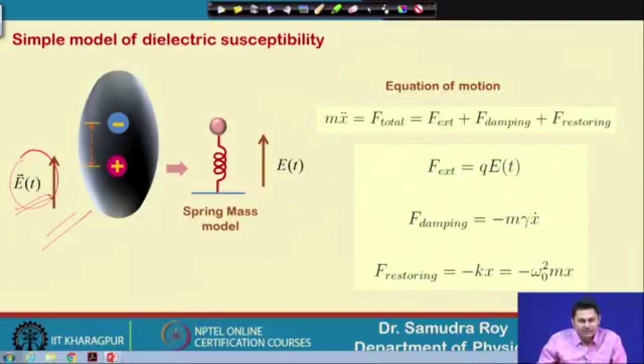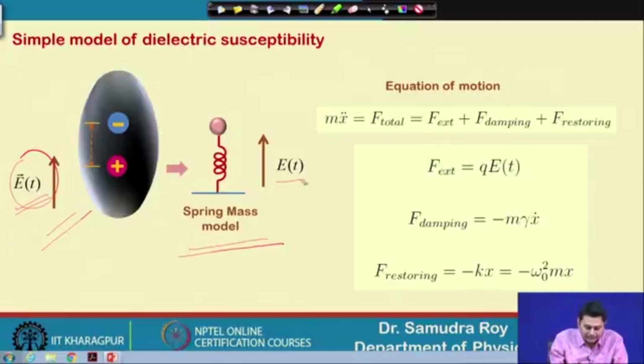If this is a constant electric field, then we should have some kind of static separation, but if it is a function of omega, then these things will vibrate, and we can consider this as a spring mass model.